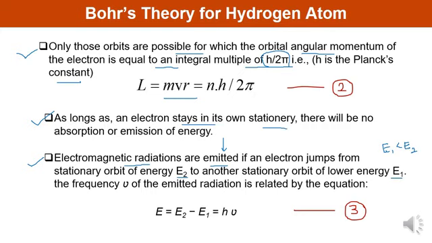So that can be written in this equation. Here E is E2 minus E1, which is equal to h into nu. And this is written as equation number 3.